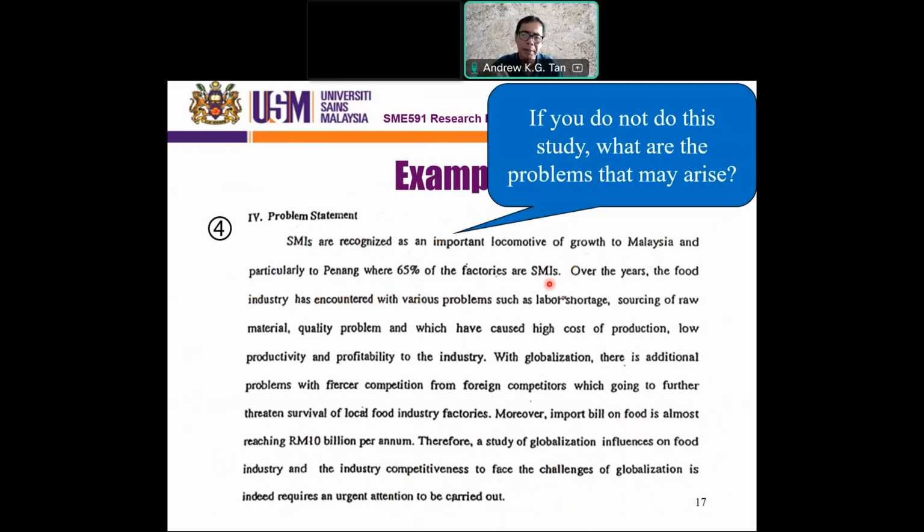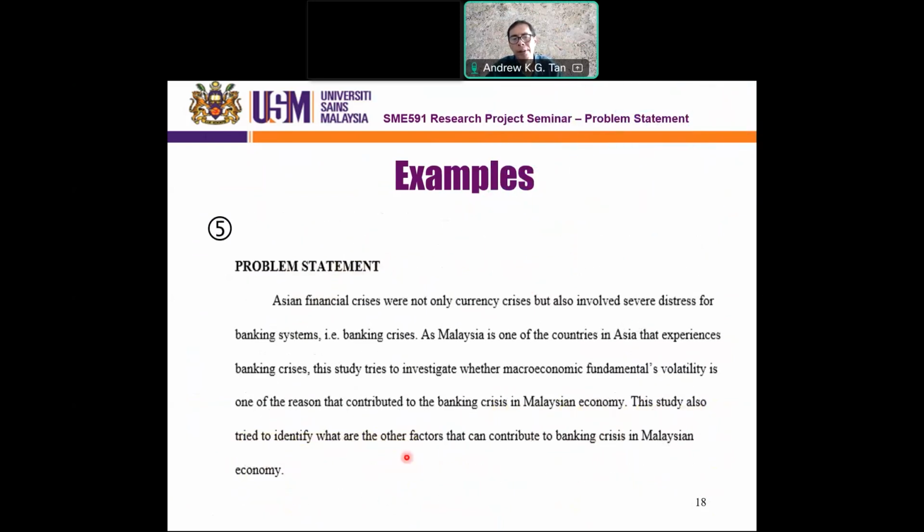Instead of being in the problem statement, because this is not a problem. Okay. Moreover, import bill on food is almost reaching 10 billion per annum. Okay, this again is statistics that do not belong in the problem statement. Don't put statistics, citations, quotations in the problem statement. Another one, number 5.